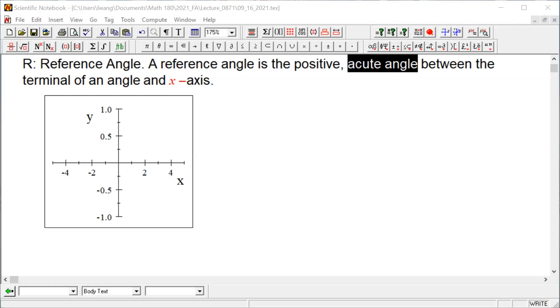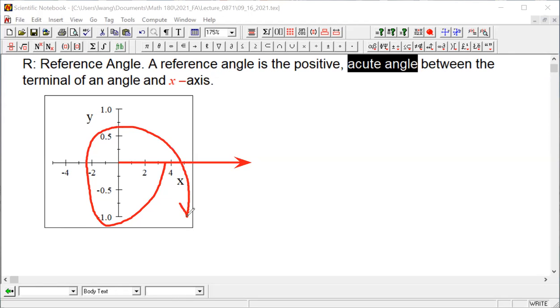This time I'm going to measure still from the standard position. And this time I'm measuring my angle, you know what? I'm going to measure clockwise. Why not? I've always been doing counterclockwise. And this time I'm doing just clockwise.